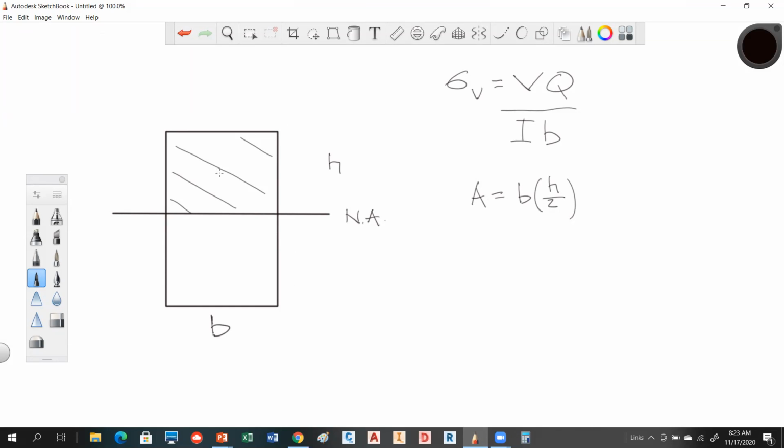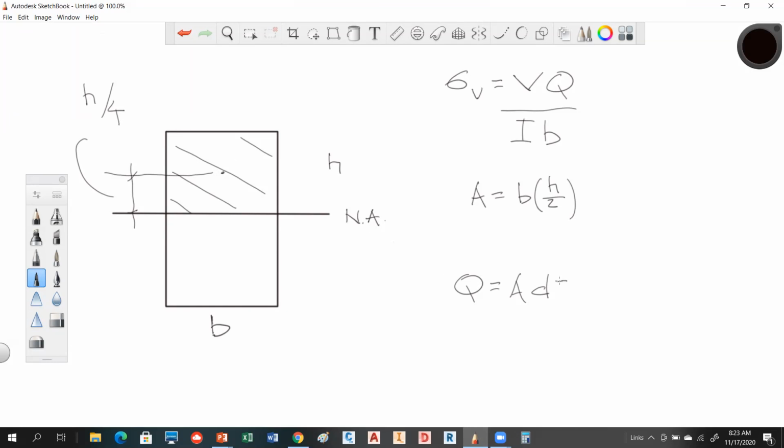Also, Q is equal to area times your centroidal distance. In this case, the centroidal distance would be h over 4.